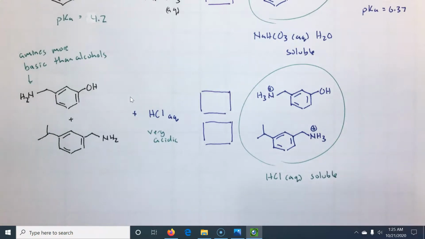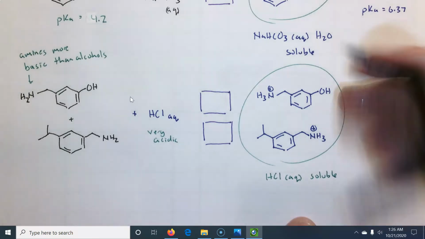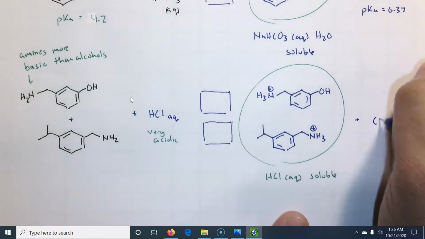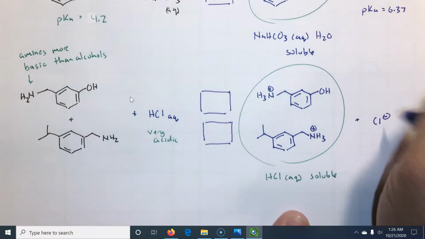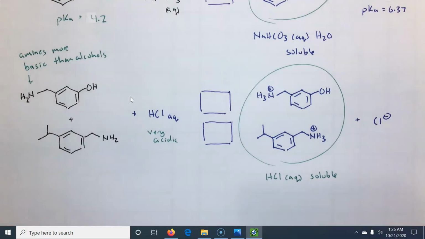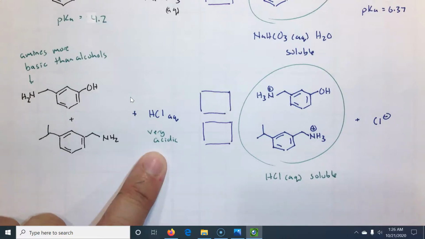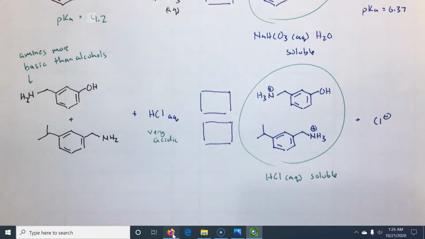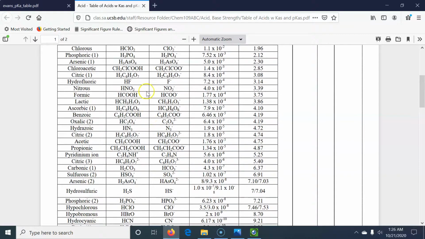Now the thing is, what about the equilibrium? I forgot to talk about that. The equilibrium here, our conjugate base is Cl minus for both of these. So what are the two acids? Here, this is the first acid. Let's find the pKa of HCl. This is going to be easy. It's such a strong acid.